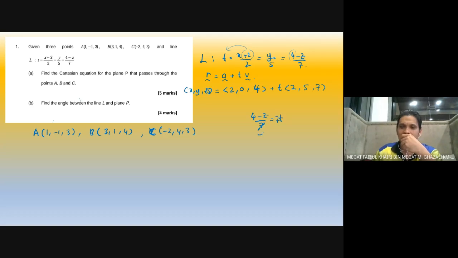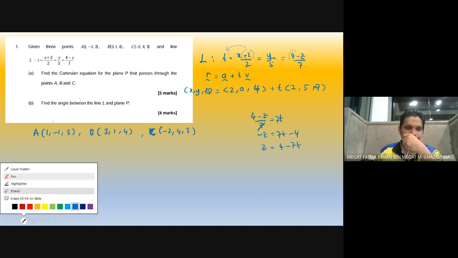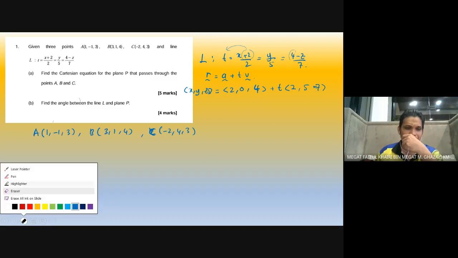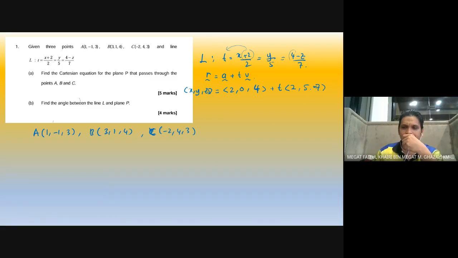Negative z equal to 7t minus 4, and then z equal to 4 minus 7t, so the negative is here. Sorry, -7. So this is our reference.